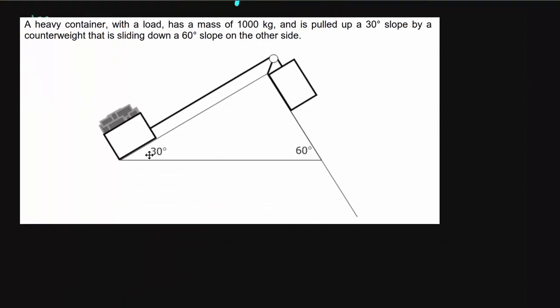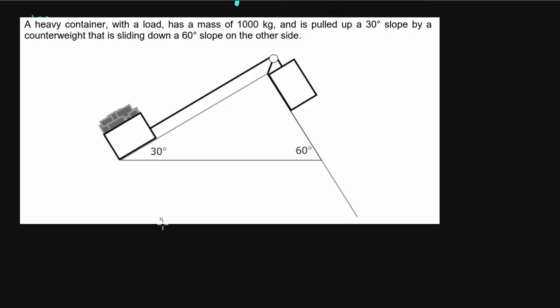Well, first of all, static friction is the frictional force that an object experiences while it's stationary. So maximum static friction is the maximum frictional force that an object can experience.